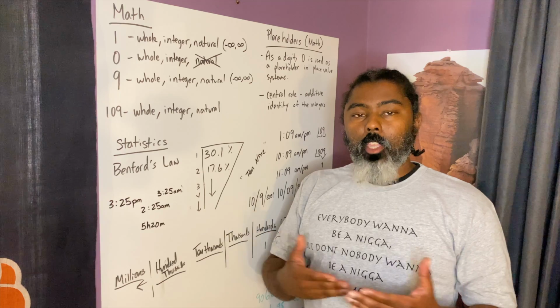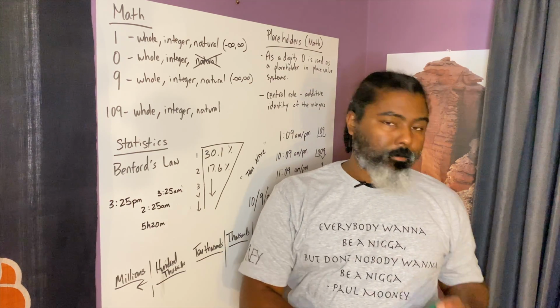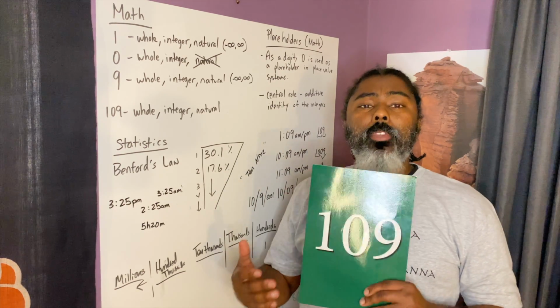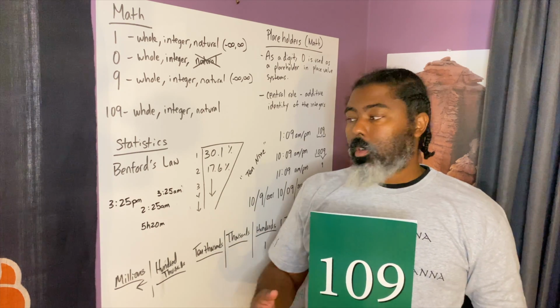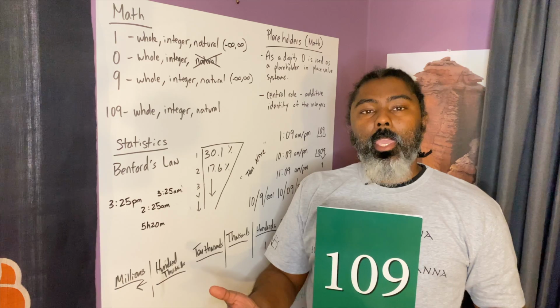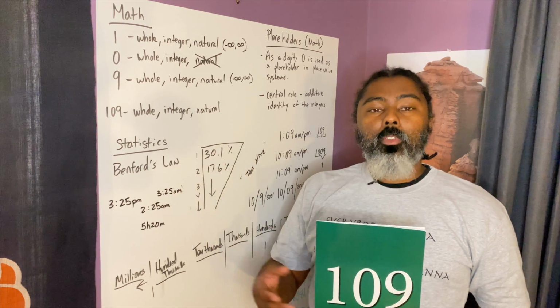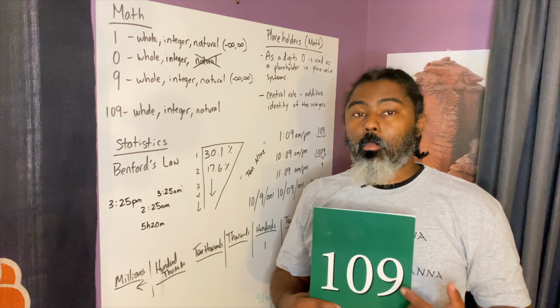That is interesting because what I'm talking about in my book 109 is how frequently I see these numbers 1, 0, and 9. Well, Benford's Law would explain that 30% of the license plates that I would see on the road would begin with the number 1.